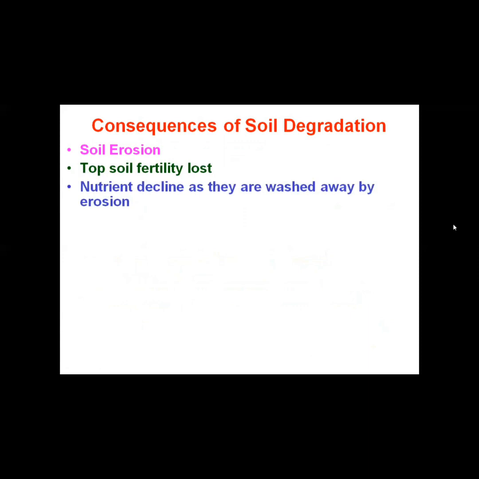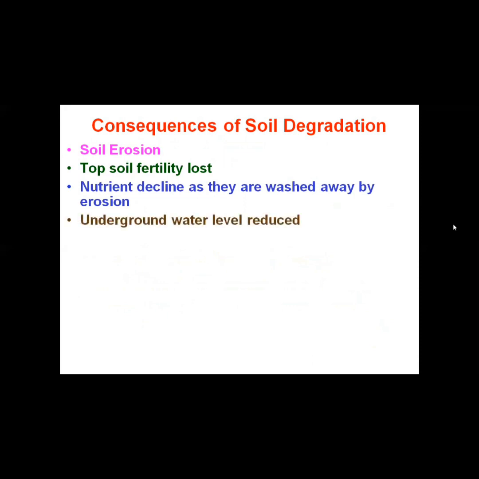Then we will see what are the different consequences of soil degradation. Soil erosion is the major consequence of soil degradation. Loss of topsoil fertility, and nutrient decline as they are washed away by erosion, either wind erosion or water erosion.